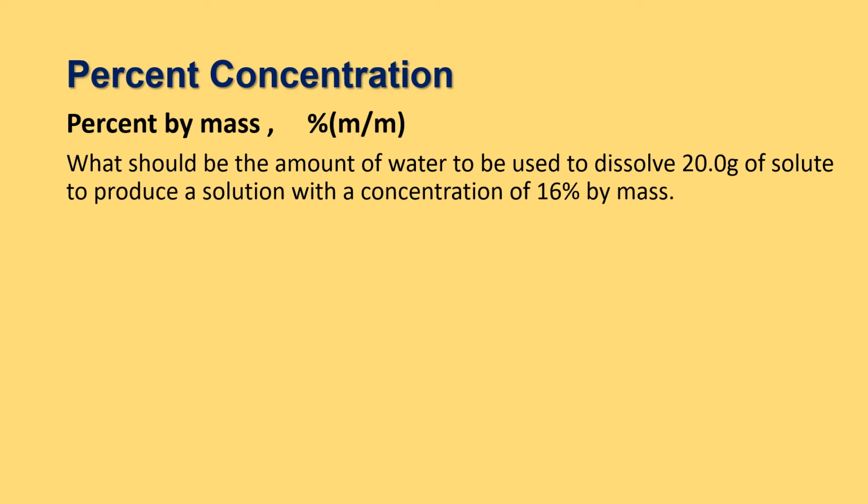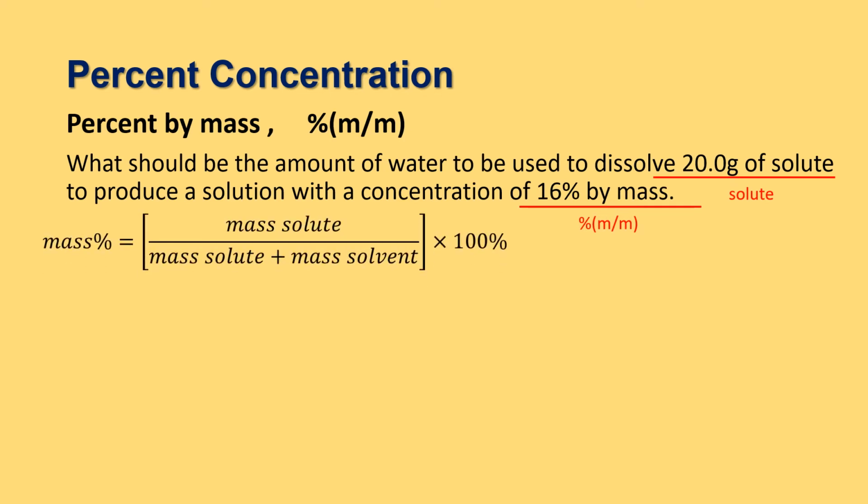The given are the 20 grams of solute and the concentration of 16% by mass. We have this formula, mass of solute over the sum of mass of solute plus mass of solvent times 100%, so we can simply derive the formula for mass of solvent using algebra.